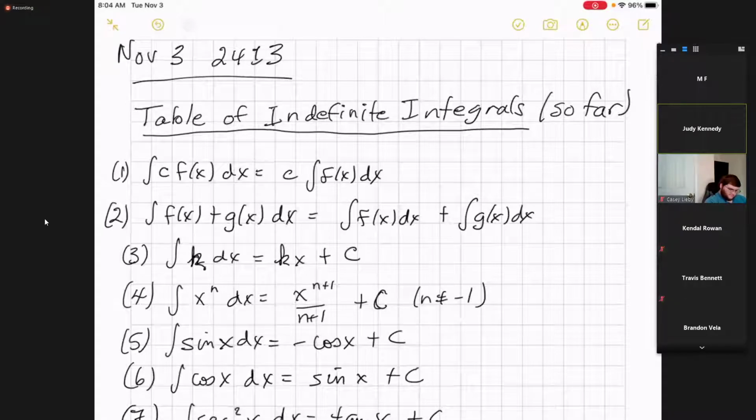All right, so we know that the integral of a constant times a function, little c, big C, and K in this list are constants. You can pull a constant that's multiplied by a function out of the integral. Doesn't change the meaning.